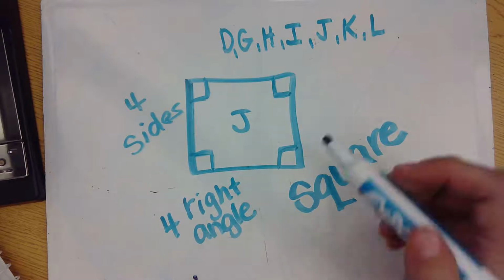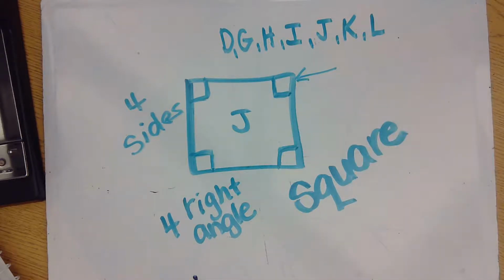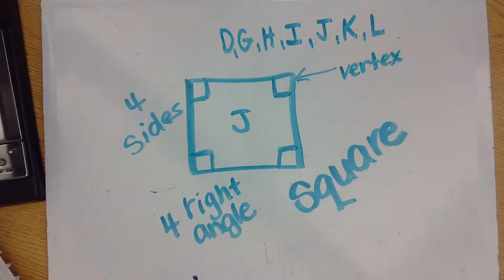Okay, and remember that fancy word we call the corner of a shape? We call it a vertex. How many vertices does this square have? If you said 4, you are correct. The square is a big fan of the number 4.